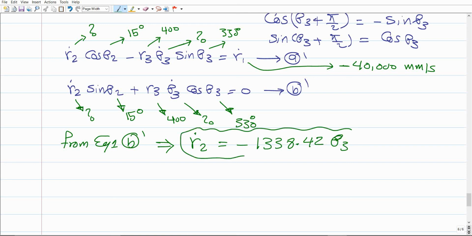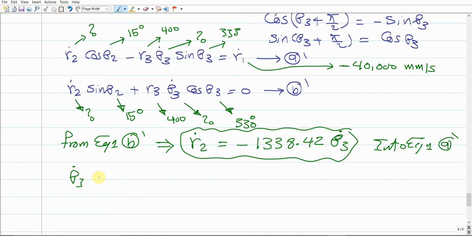Then we're going to substitute into this relation, into equation A dash. So we're going to end up with one equation and just one unknown, and this unknown will be theta 3 dot.